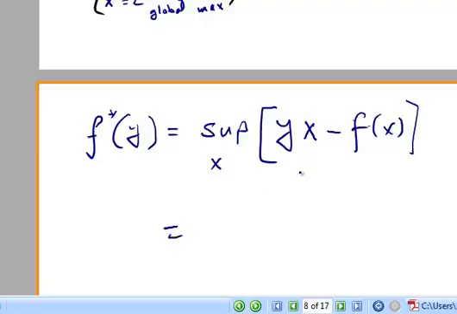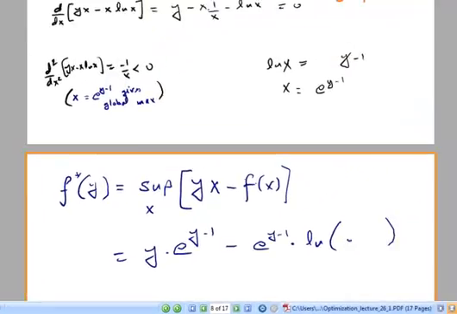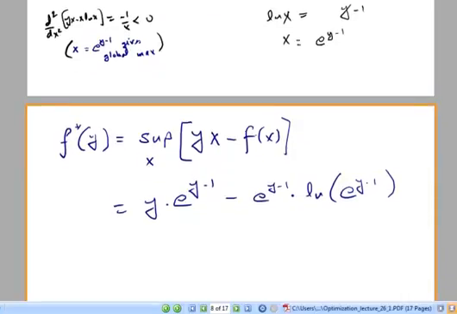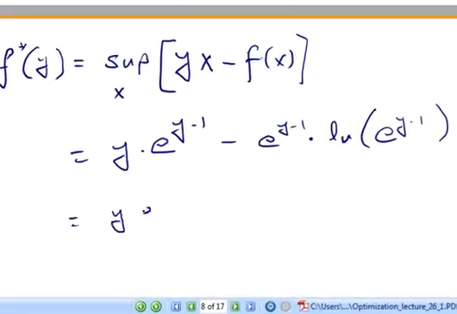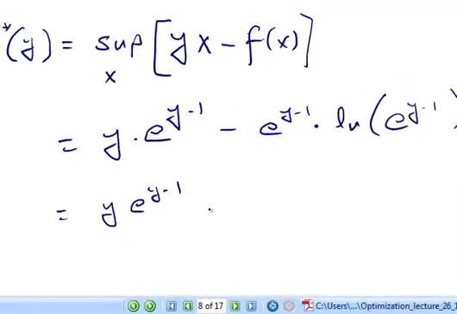That's nothing but y times e to the power y minus 1 minus x times log of x, but x is e to the power y minus 1 times log of e to the power y minus 1. So everything will work out: this is just y times e to the power y minus 1 minus e to the power y minus 1.